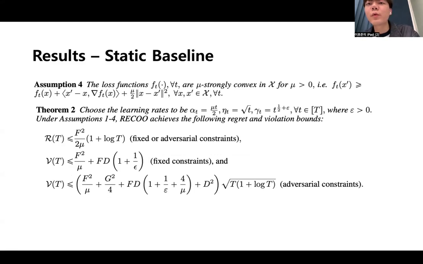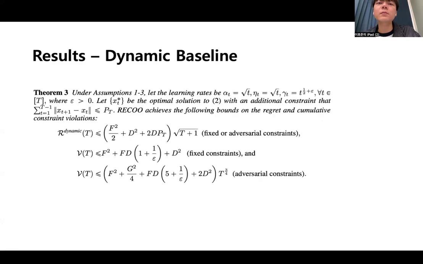We can achieve a regret of O(log T) for both cases, and the violation is constant for the fixed case, and O(sqrt(T log T)) for the adversarial case. For the dynamic baseline case, violation is the same as the static baseline case, and dynamic regret becomes O(sqrt(P_T T)).